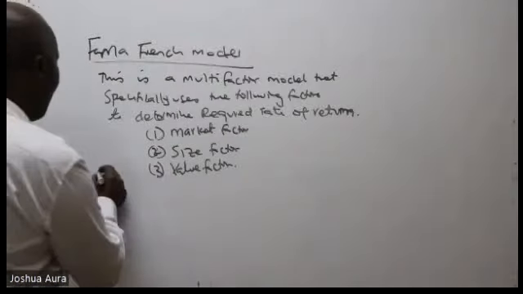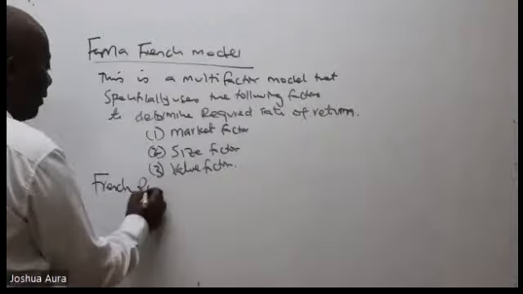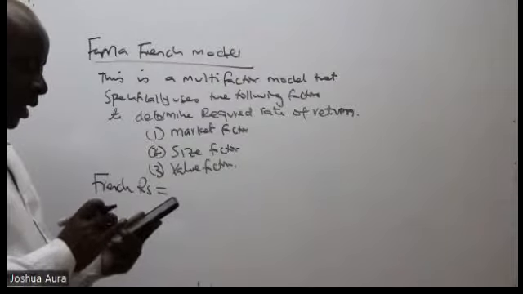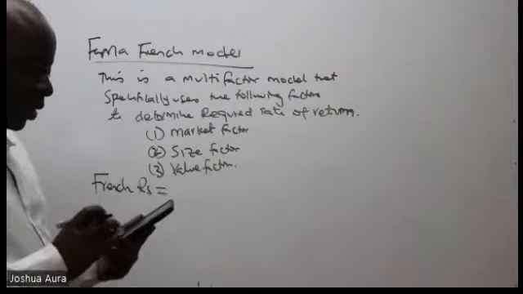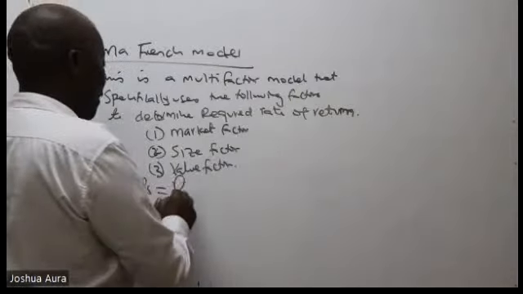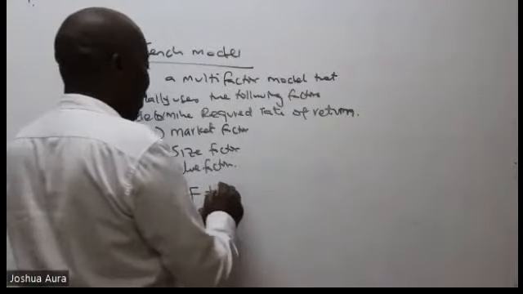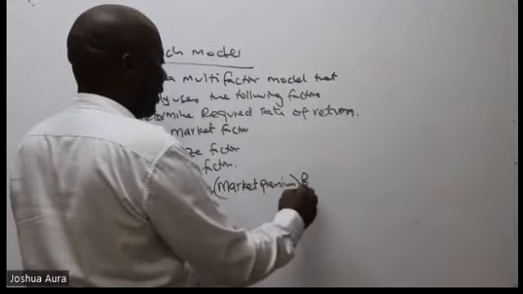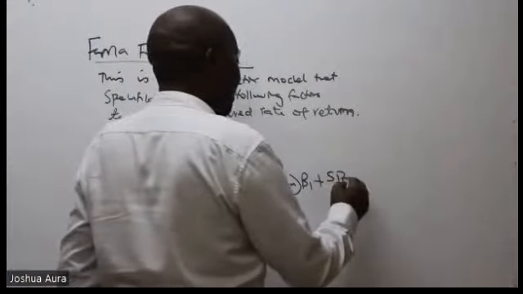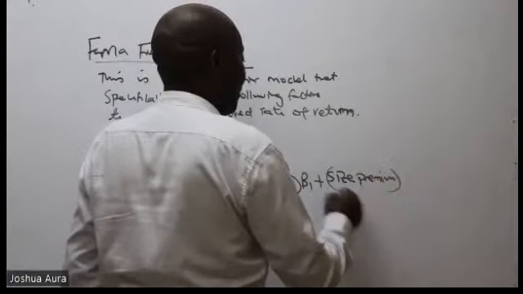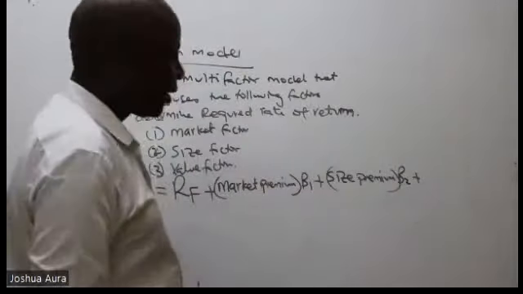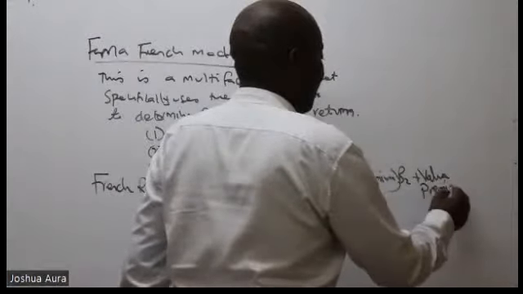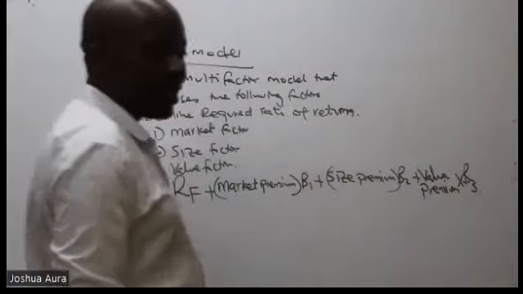So basically we are saying here that the required returns of a security will be equal to the risk-free rate of return, plus the market premium times beta 1, plus the size premium times beta 2, plus the value premium times beta 3.